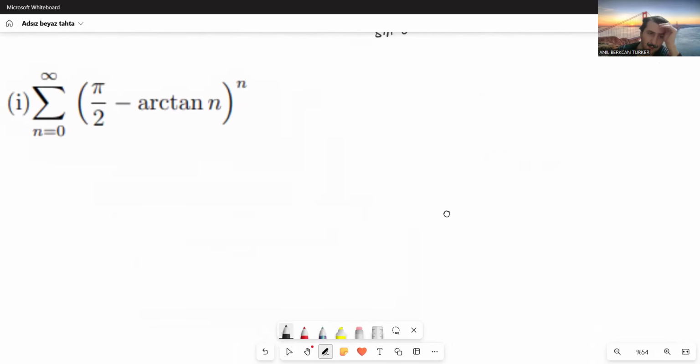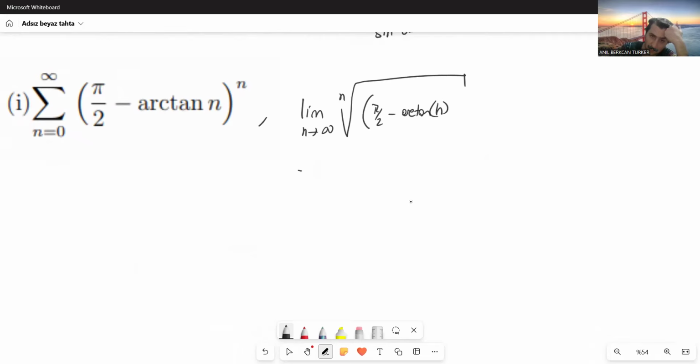Okay. How do we deal with this thing? Since there is n, we can apply the ratio test immediately. Consider the limit as n goes to infinity, taking the ratio. Maybe you can put the absolute value, right?